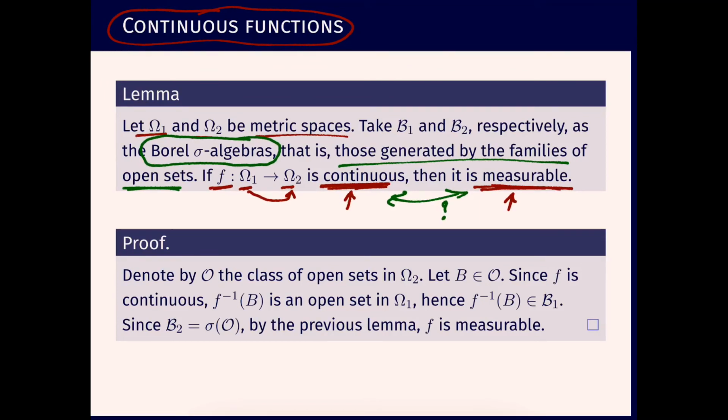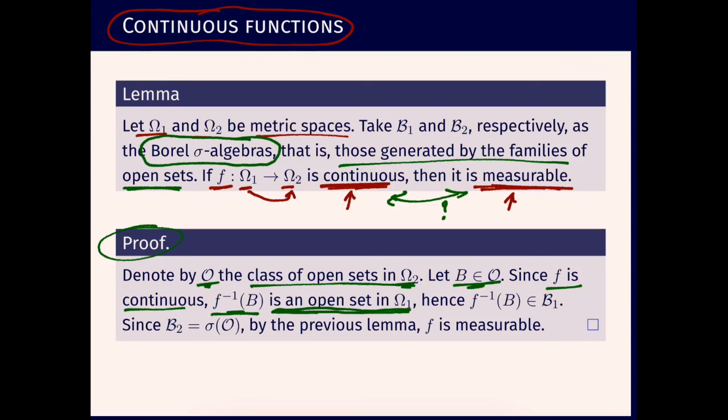And to conclude very quickly, how do we prove this lemma? Well, denote by O the class of open sets in omega 2. For every member of O, that is for every open set in omega 2, since F is continuous, the pre-image of that set is an open set of omega 1.